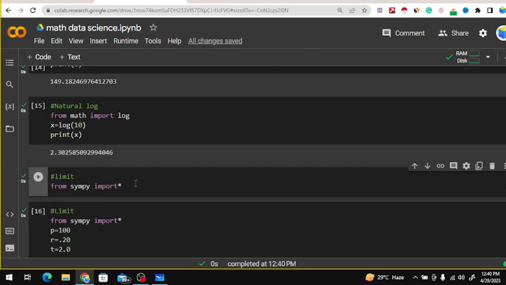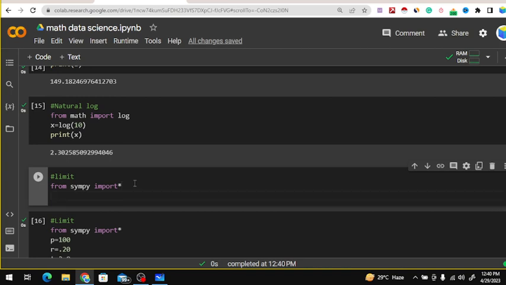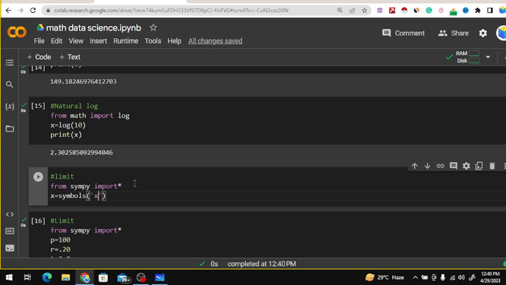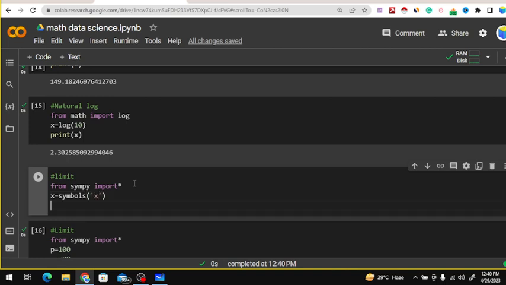Now we will create one function. x equals symbols x, and f equals 1 divided by x.